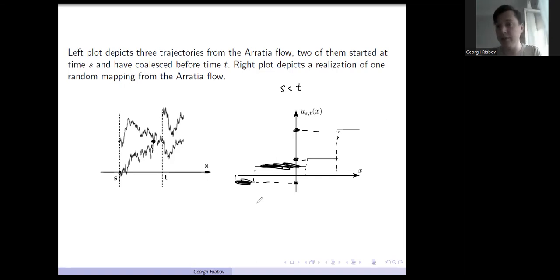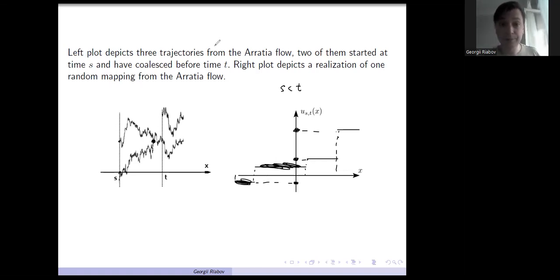So in this case, it is not even an element of a group. Actually, such random step functions are not even a topological semi-group.